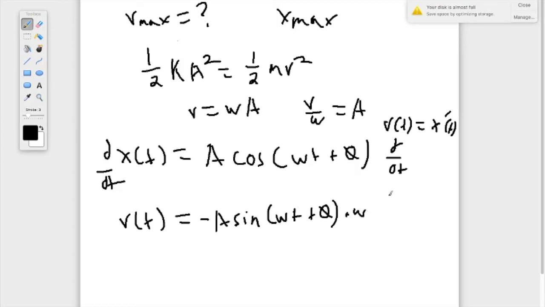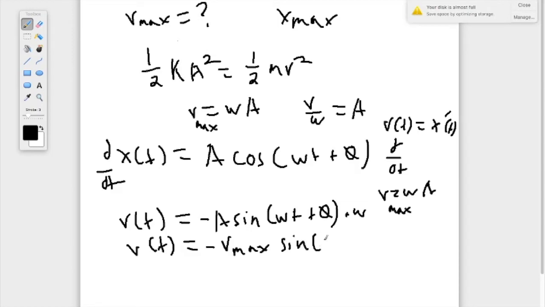And we know that v equals w times a, so we get v of t equals negative v max sine of wt plus phi.